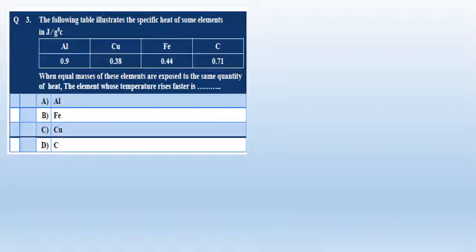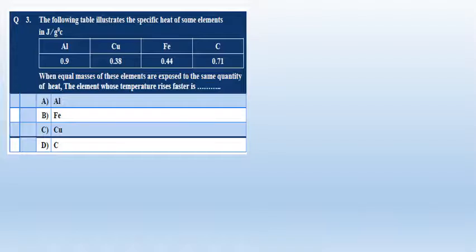The specific heat is the amount of heat that is needed to raise 1 gram of a substance by 1 Celsius degree. So, if the substance has a high specific heat, it will take time to raise its temperature.